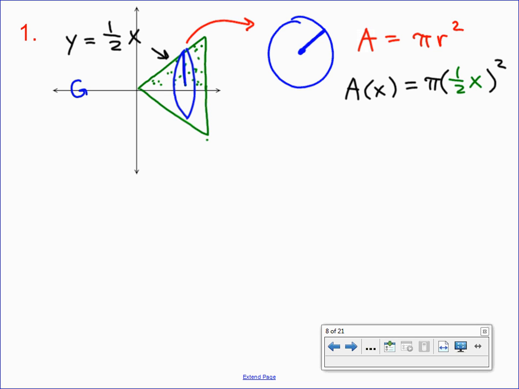Is that it? So one more rewrite, just to make it look pretty. We could say A of x is given by pi times 1/2 x, quantity squared, which would be x squared over 4. Is that right? Awesome. Let's go ahead and set up a definite integral then.